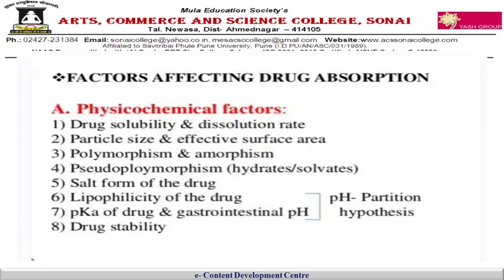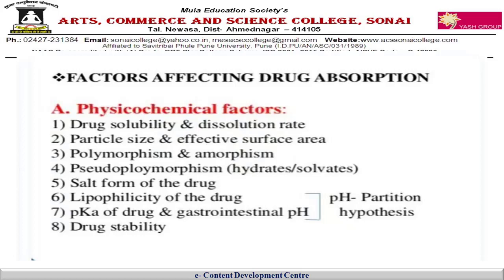Next, factors affecting drug absorption. A, physicochemical factors. First, drug solubility and dissolution rate. Second, particle size and effective surface area.